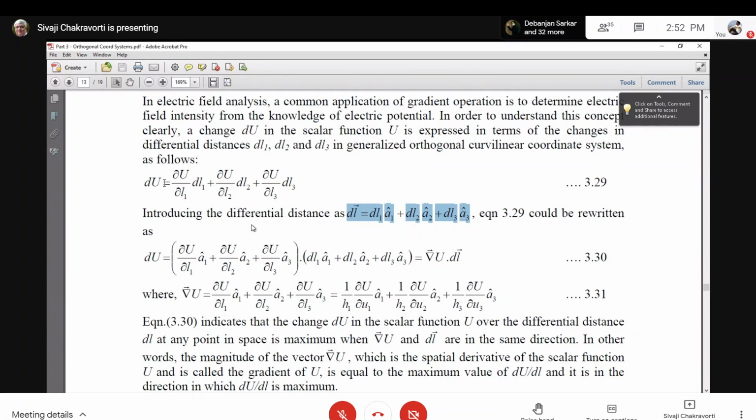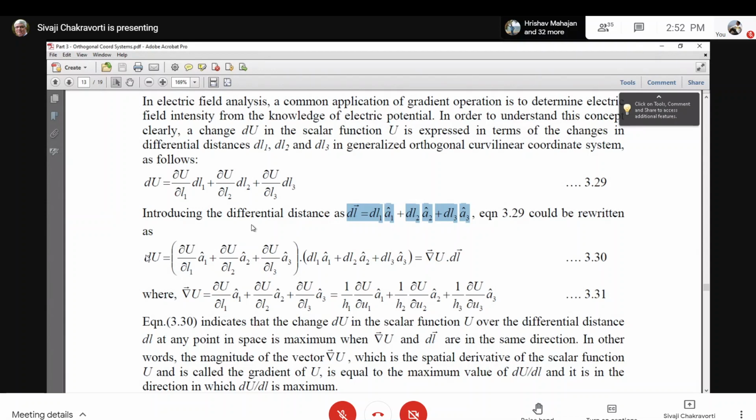That's all. But now just see, can we write equation 3.30 from equation 3.29 incorporating the vector? Can we write it? That is the main question. If we write it this way with a dot product, then you are getting 3.29.